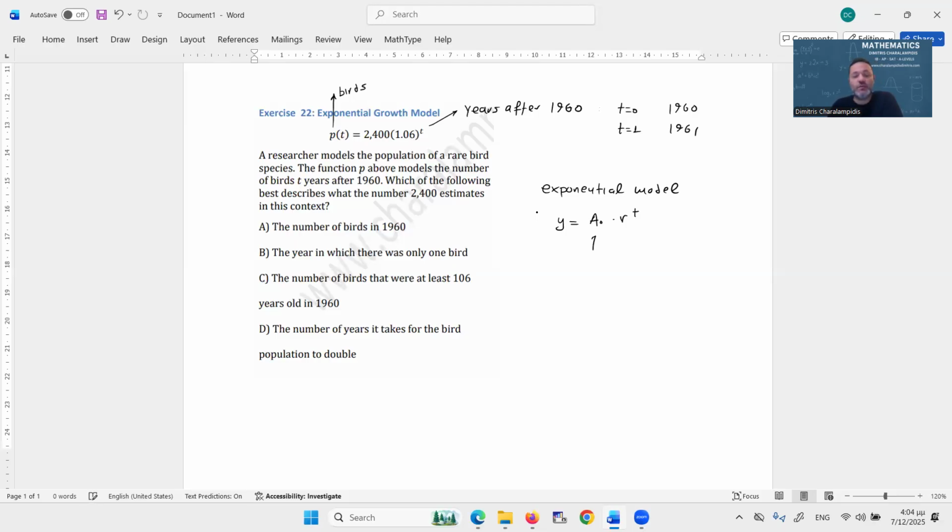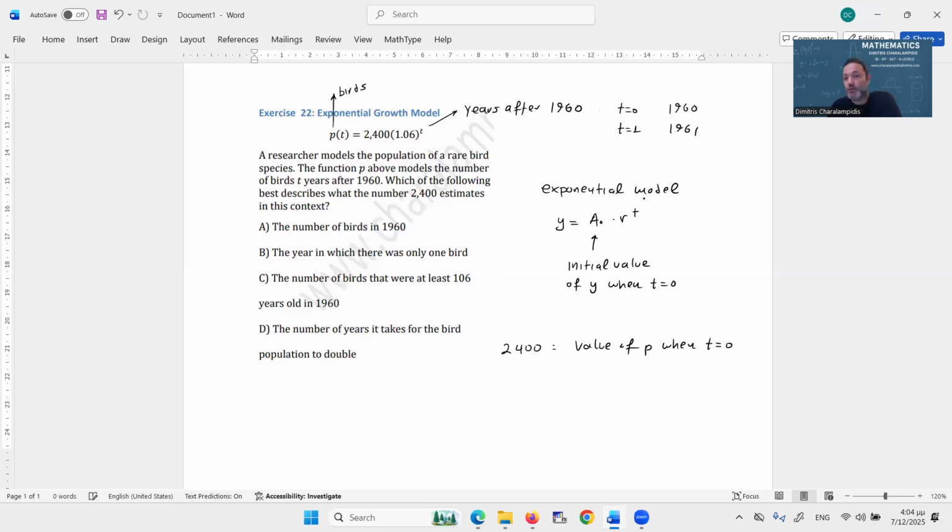The a, which in this case is the 2400, shows the initial value of y when t is 0. So this is exactly what that means here. 2400 is the value of p when t is 0.